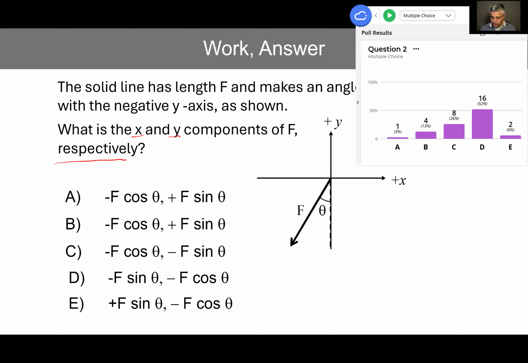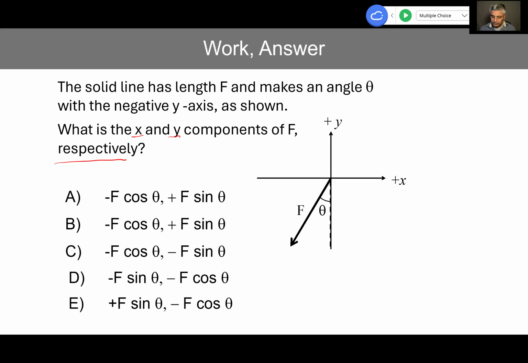D first, and then C, and then B. We have all of these. Let's see, I don't know the answer, I have to do it. So the tail is here, the tip is here. I want to go from the tail to the tip.